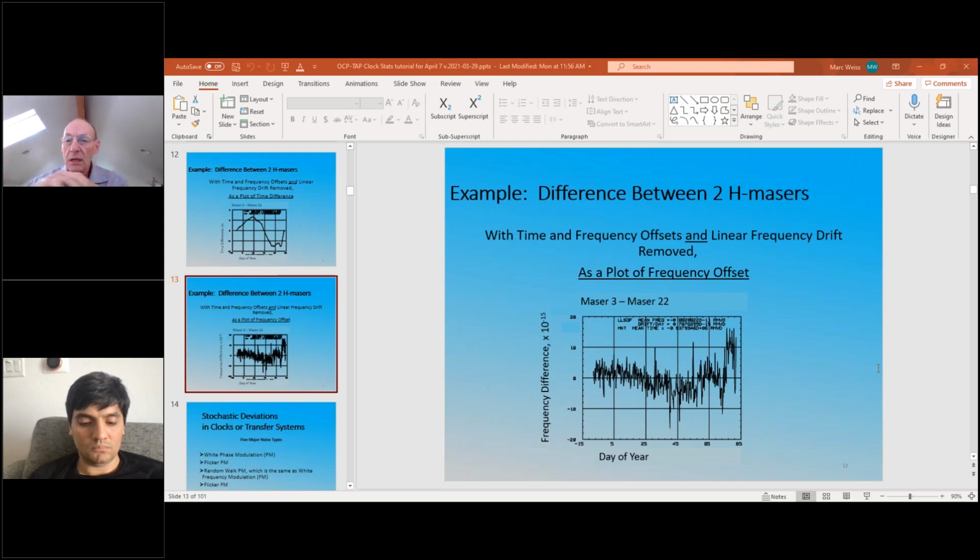And so the holdover algorithm that people implement for determining what to do with the local oscillator, you want to use your memory of the frequency and the memory of the phase that you've integrated against the reference.